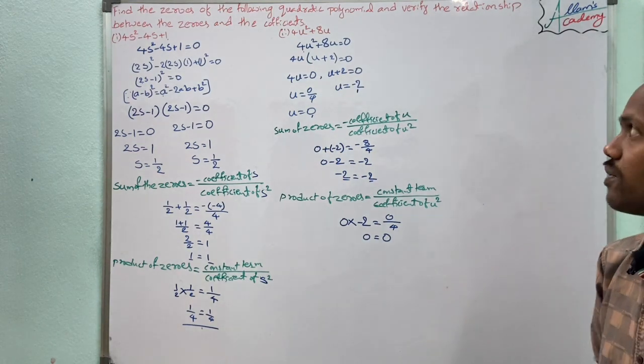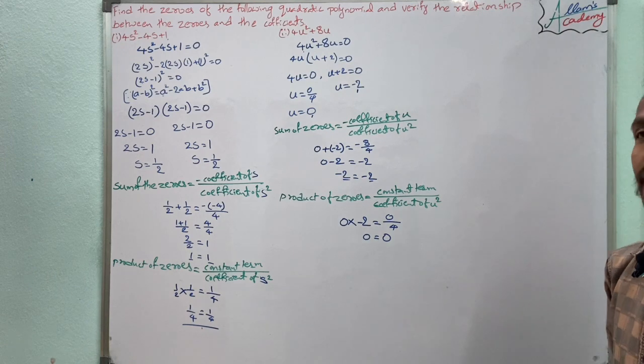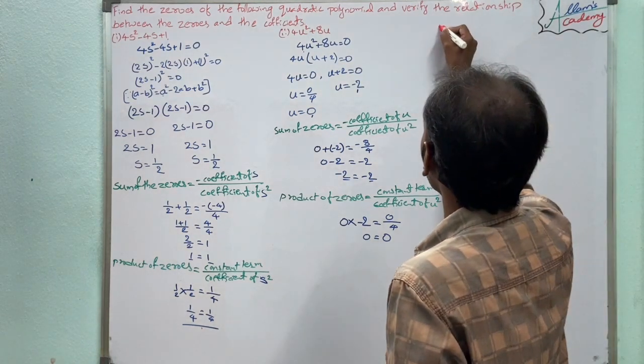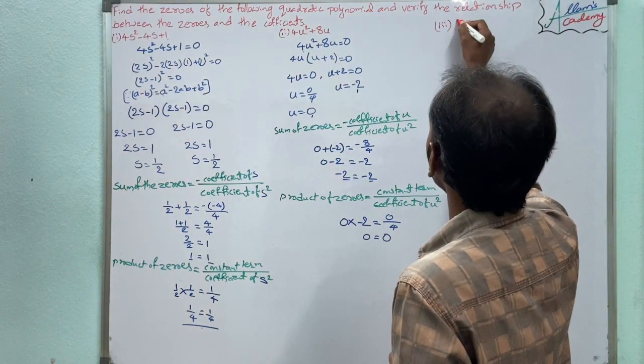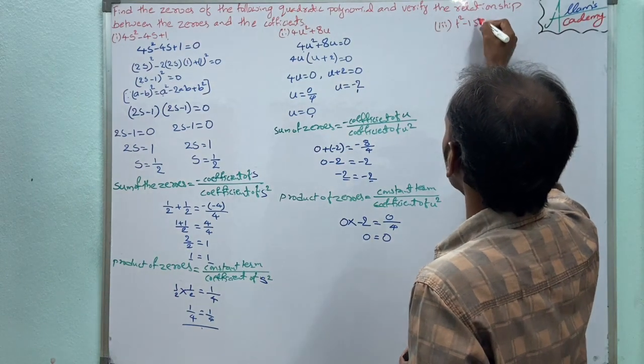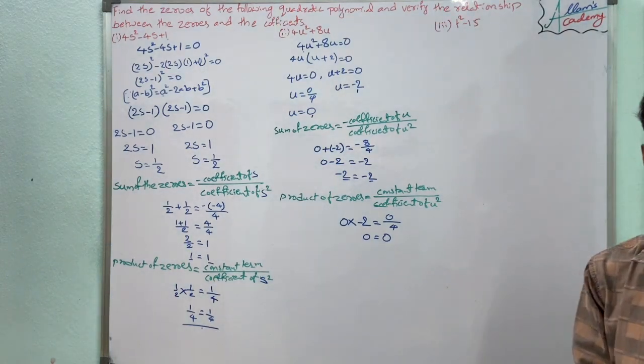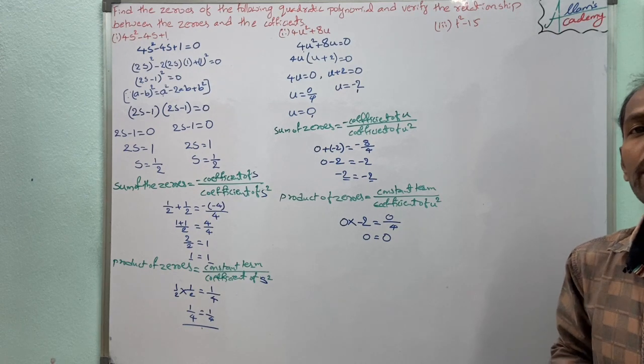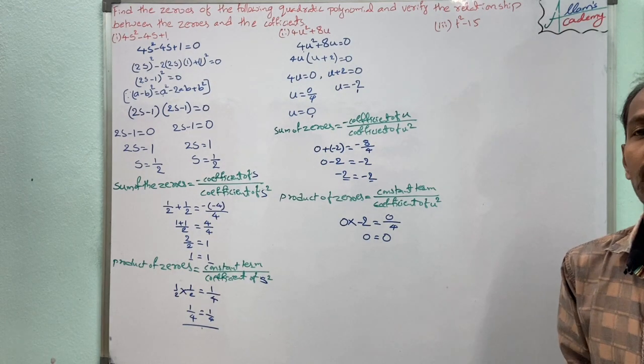Okay, now we see another problem, that is t square minus 15. Find the zeros of the polynomial and verify the relationship between zeros and coefficients.